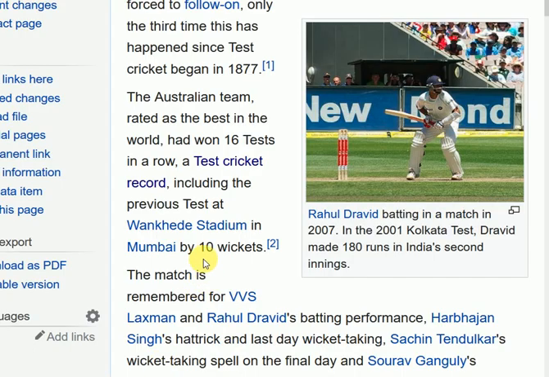So this information I've taken from a Wikipedia page. The Australian team, rated as the best in the world, had won 16 tests in a row, a test cricket record, including the previous test at Wankhede Stadium in Mumbai by 10 wickets.